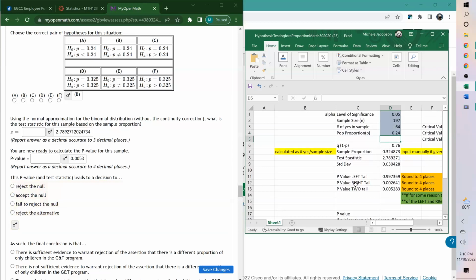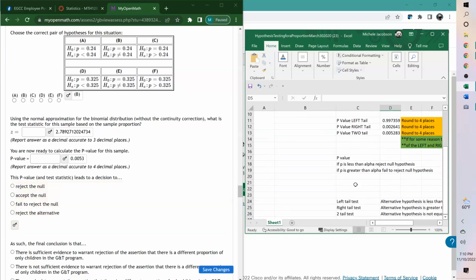And it tells you right here, if the p-value is less than alpha, you reject. And our p-value was 0.005, and our alpha was 0.05. So this is less, so we reject.